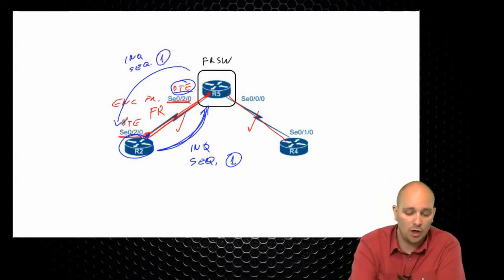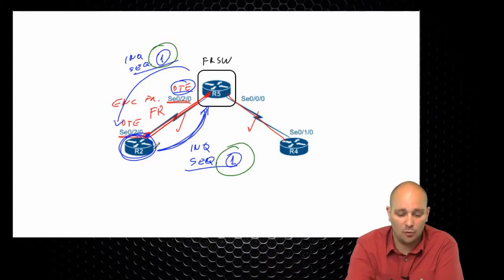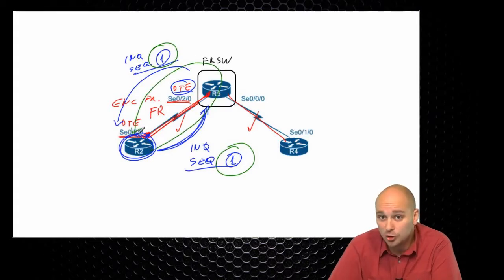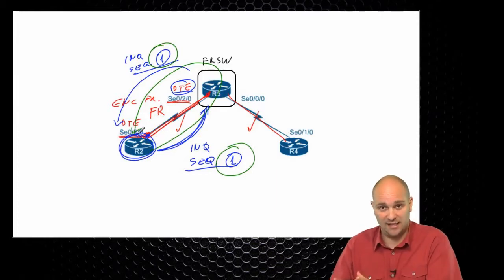So now R2 is receiving an inquiry with sequence 1, and it assumes, because it is sending the same inquiry, that this is the same inquiry that for some reason was looped back. Now, this is not true. There was no loop here, but this is what R2 thinks is happening.